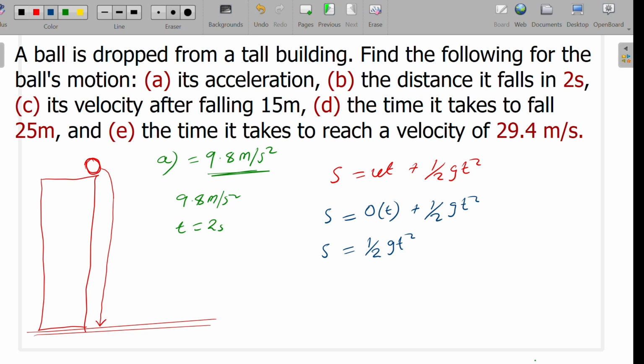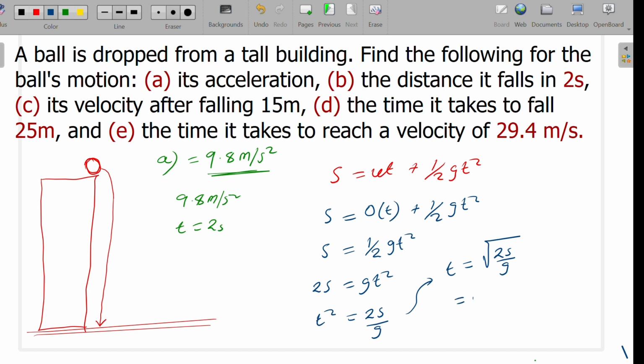To make it easier for us, let's make t the subject of the formula. So we cross multiply, and we have 2s is equal to gt squared. In this case, t squared will be equal to 2s divided by g, and taking the square to the other side, our t will just be equal to the square root of 2s divided by g.